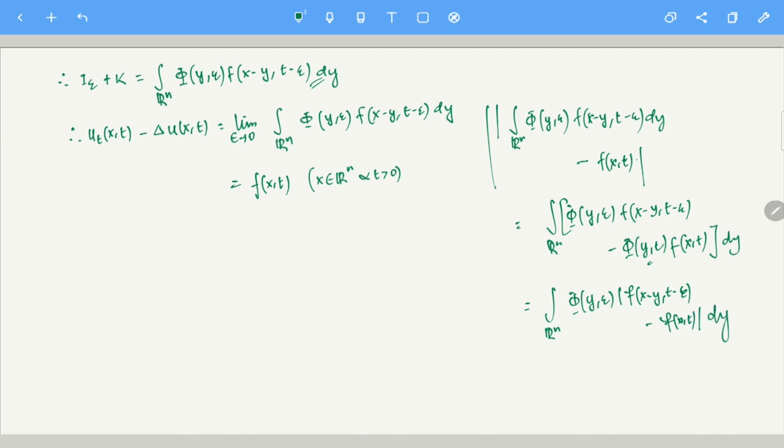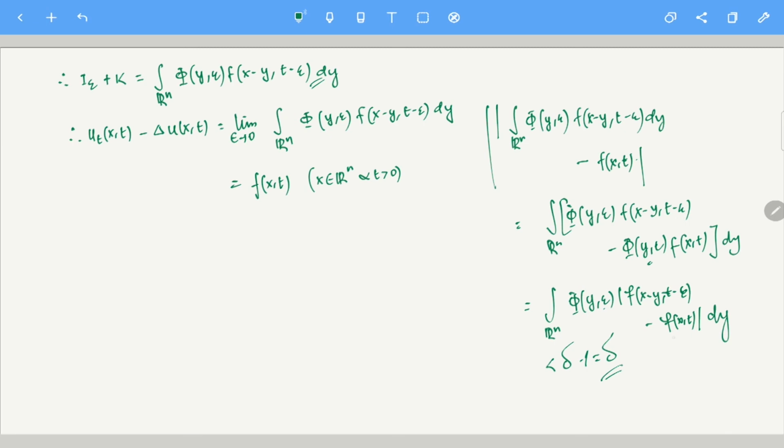Since f is continuous, you can make this thing as small as possible, less than some delta. Then you are left with the integral over Rn of phi of y epsilon dy, which is 1, so that will be delta. So this integral as epsilon tends to 0 goes to f of x,t. Is this clear? I hope this is extremely clear right now.